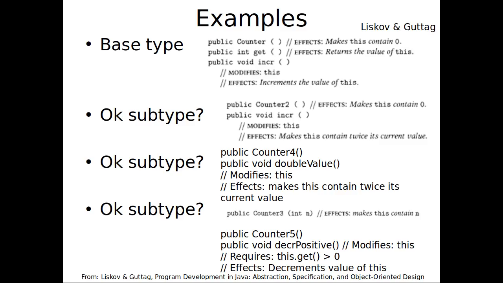Physics doesn't work that way. So ladies and gentlemen, is counter 5 a legit subtype? People in the back, you could stand up. I won't take it as a standing ovation. Is counter 5 a legitimate subtype?